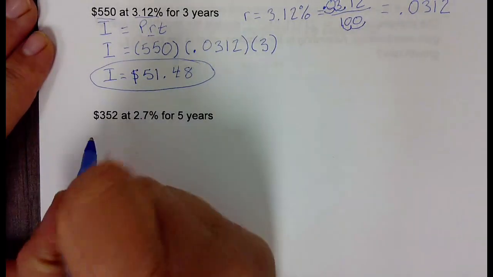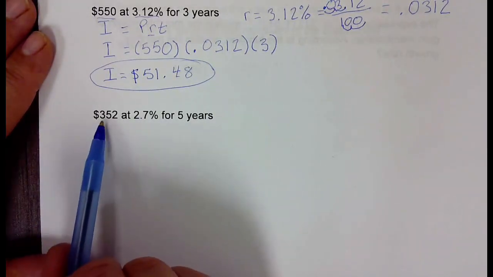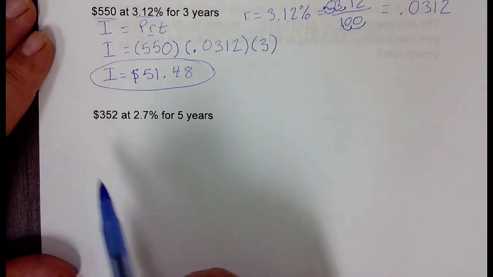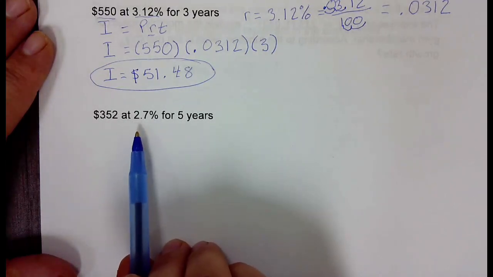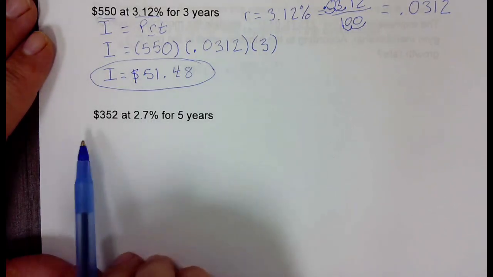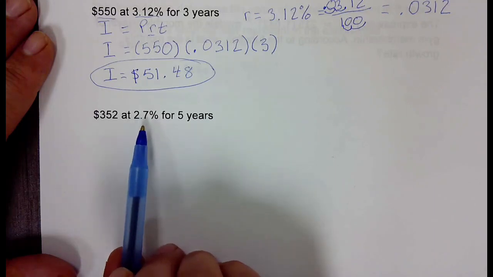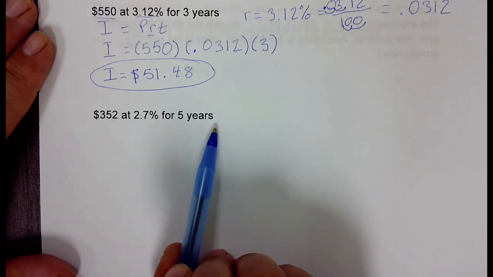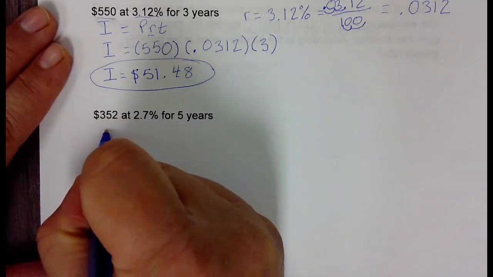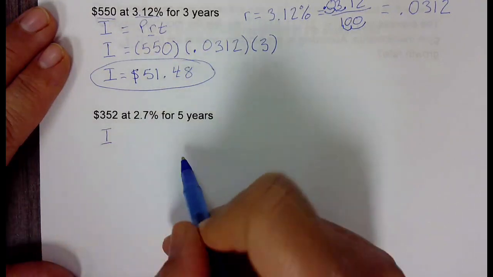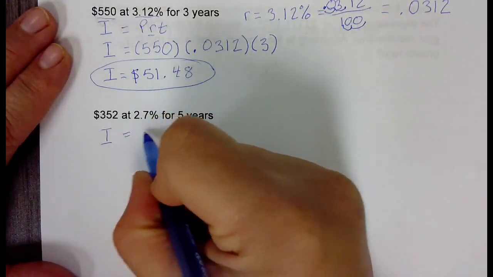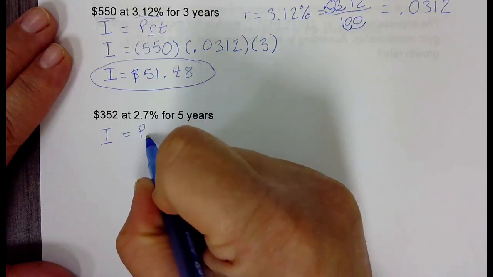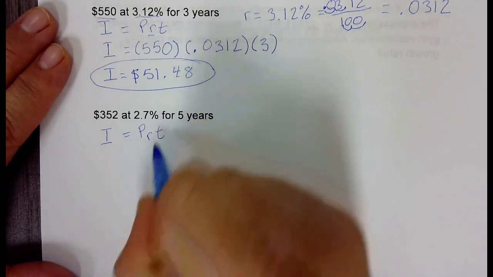And finally, an account that had $352 at a rate of 2.7% for 5 years. Again, I'm going to write my simple interest formula. Interest equals principal times rate times time.